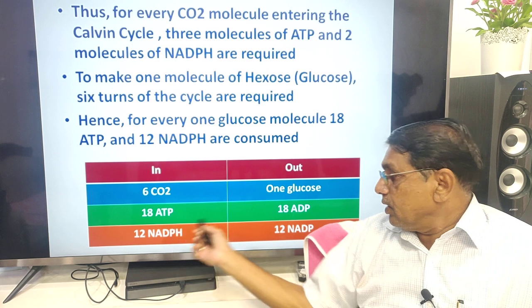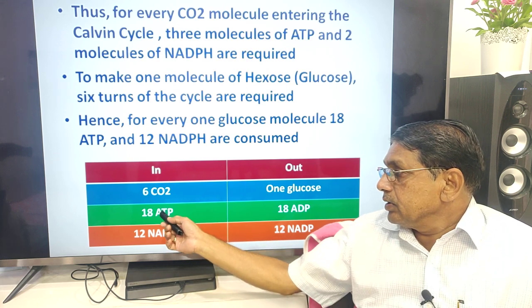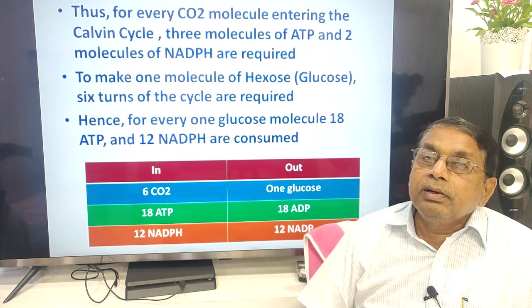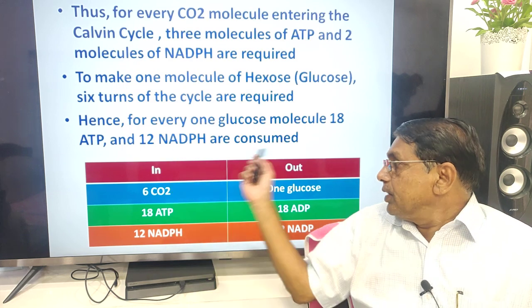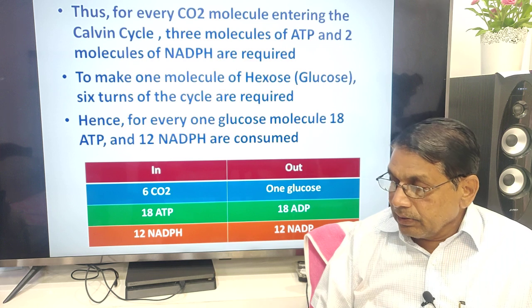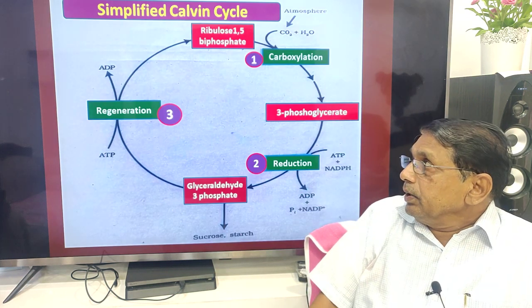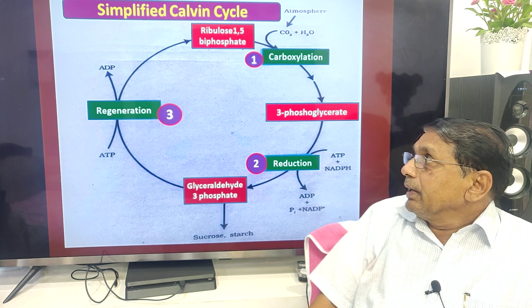Because these are oxidized, the ATP undergoes hydrolysis to produce ADP and phosphate. Input and output of the Calvin cycle. So this is the simplified Calvin cycle.